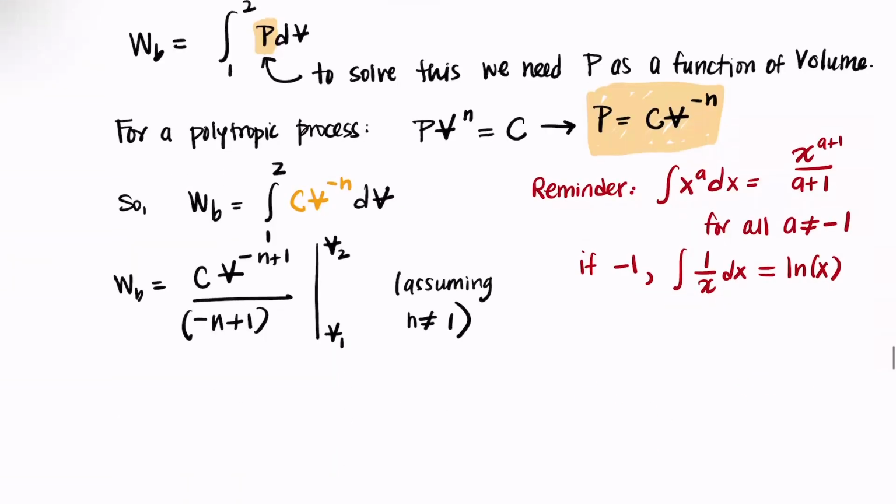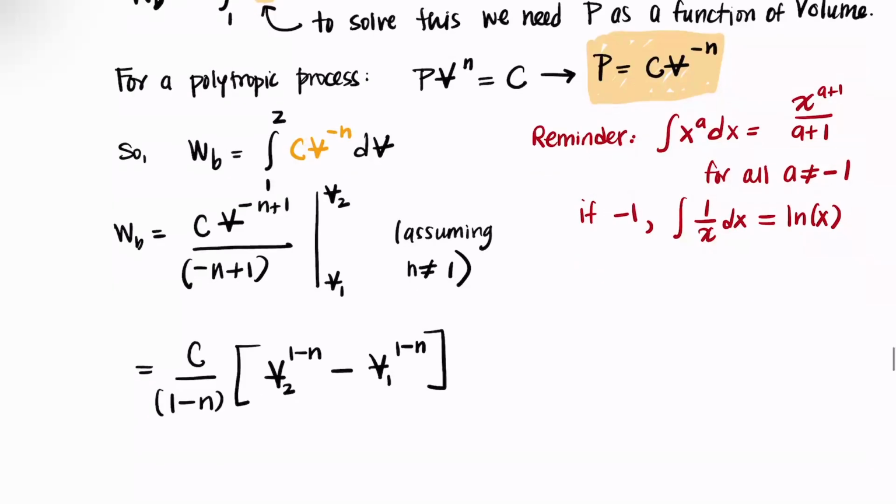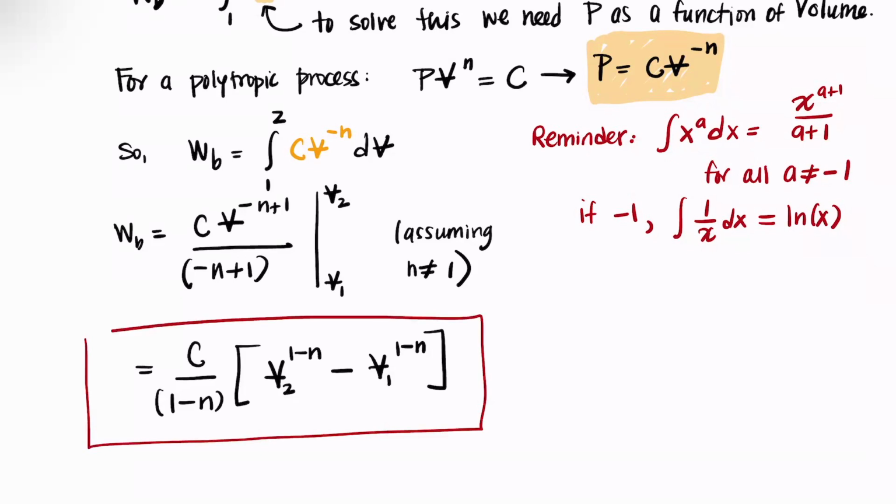Okay, so if I evaluate this integral, I get that WB is equal to C over 1 minus n times V2 to the 1 minus n minus V1 to the 1 minus n. Okay, so this is our final result for boundary work for this process.